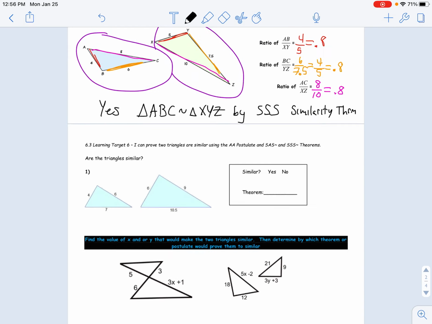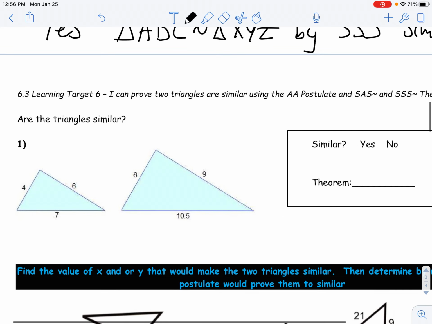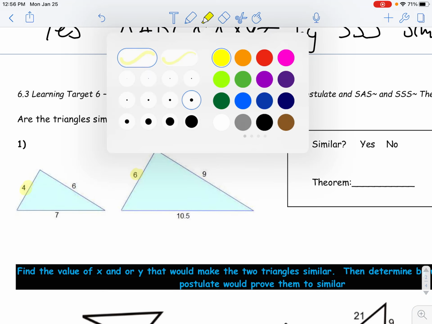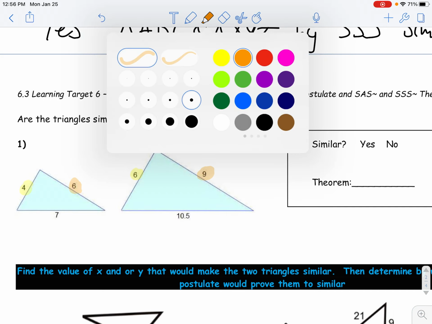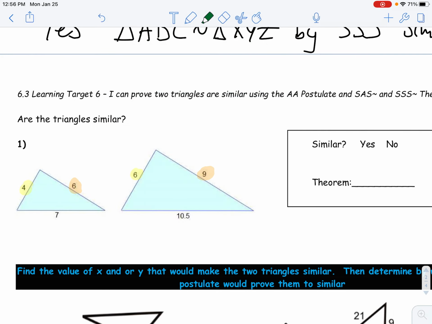That's the punchline. All right, let's just do one more to emphasize things. Again, 4 and 6. This next one is 6 and 9, and then 7 and 10.5. Those are all the corresponding sides, and you can just set up these fractions and see if they equal each other.